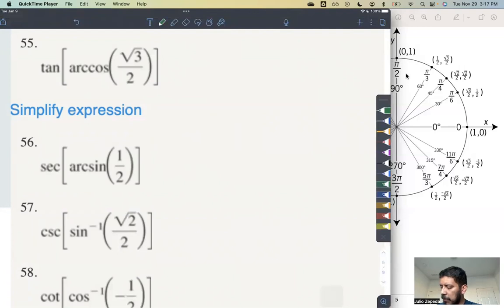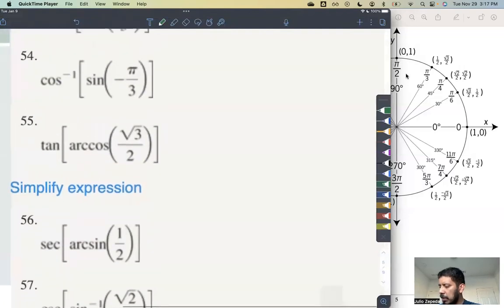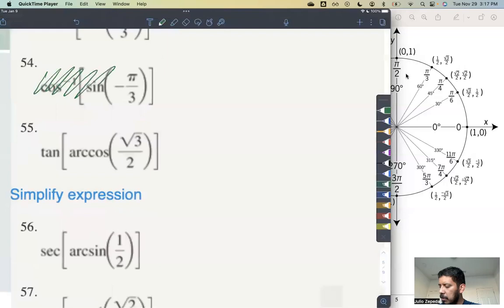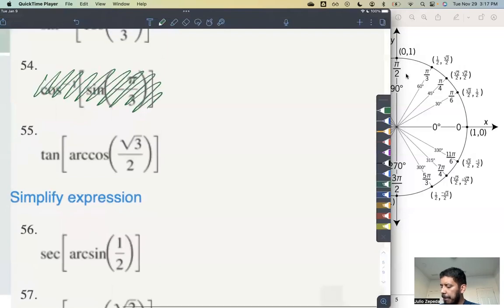I might not even do some of these, so I'm just going to cross some of them out. I'm not going to do this one. So, the arc cosine of the square root 3 over 2. Maybe I'll show how easy this is by doing this one fairly quickly.